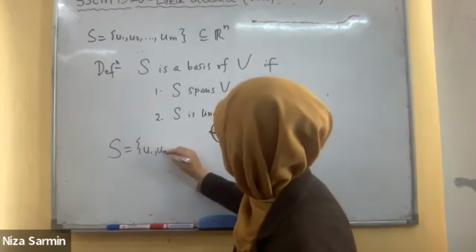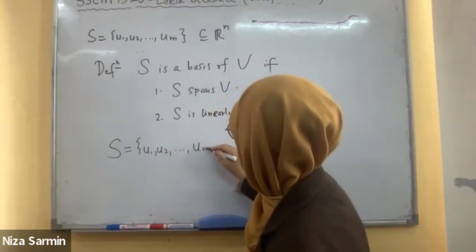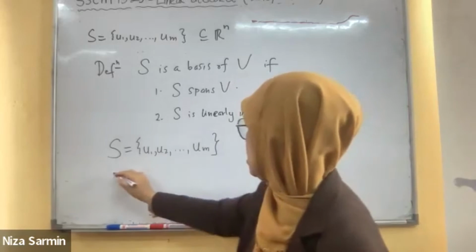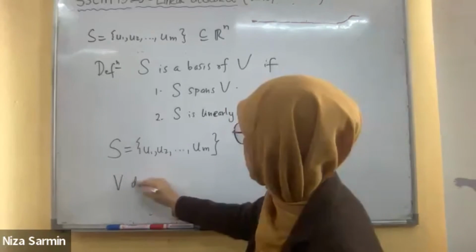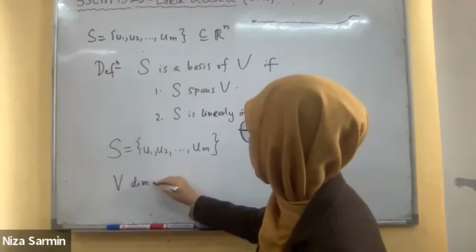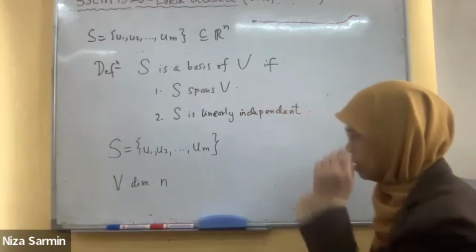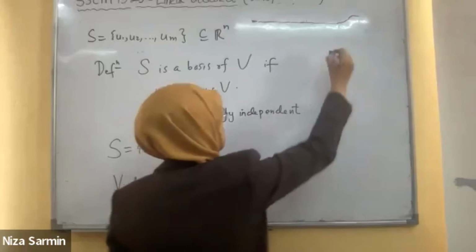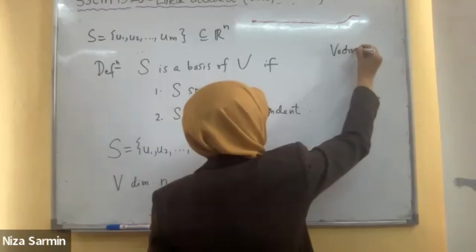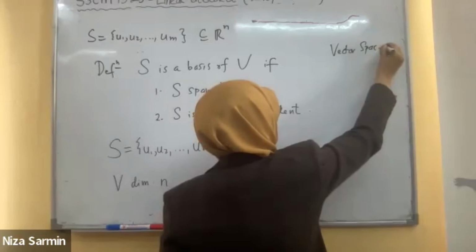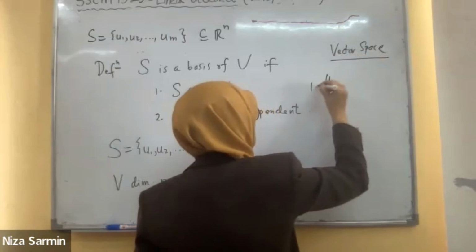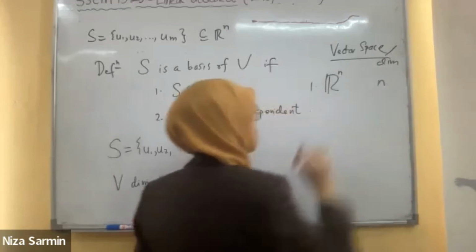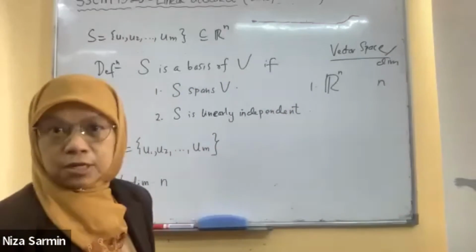Let me write out the set S and V of dimension n. Okay, the vector spaces that we have: Rn has dimension n.